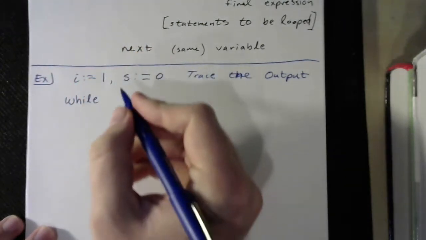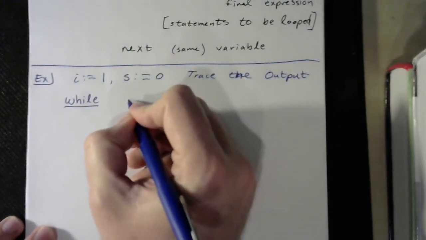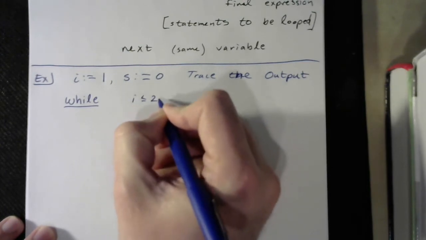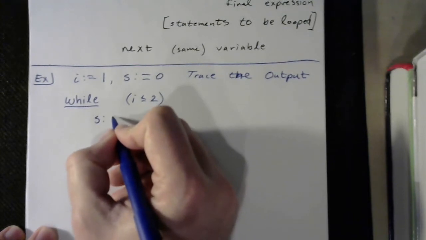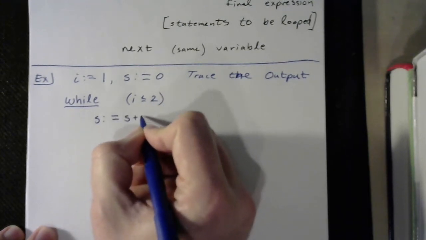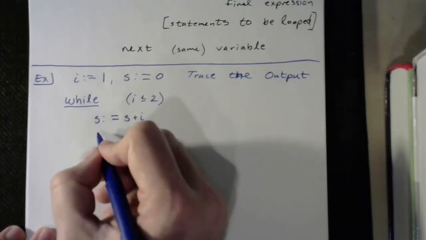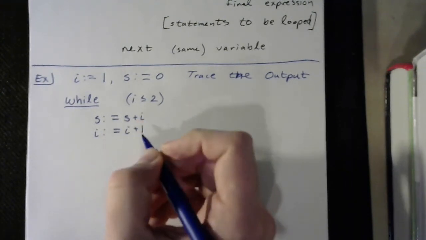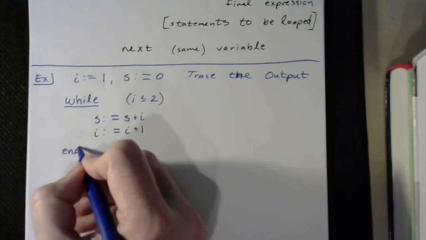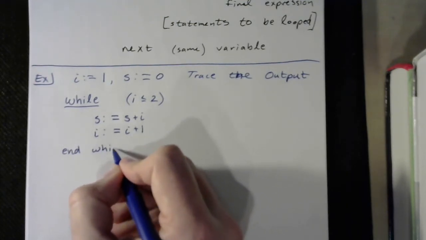While I is less than or equal to 2, we're going to define S as S plus I, and we're going to define I as I plus 1, and then we'll end the while loop there.